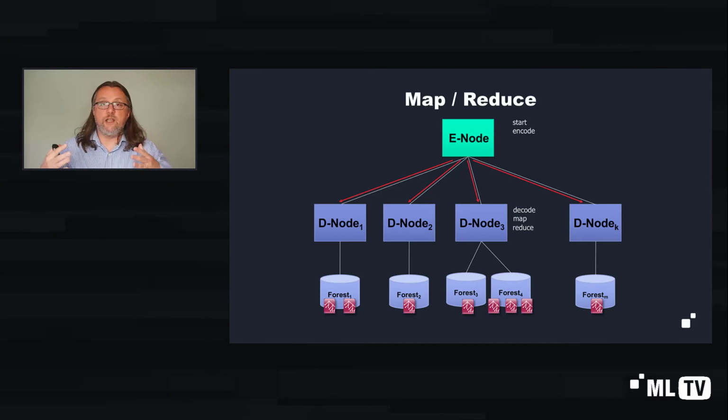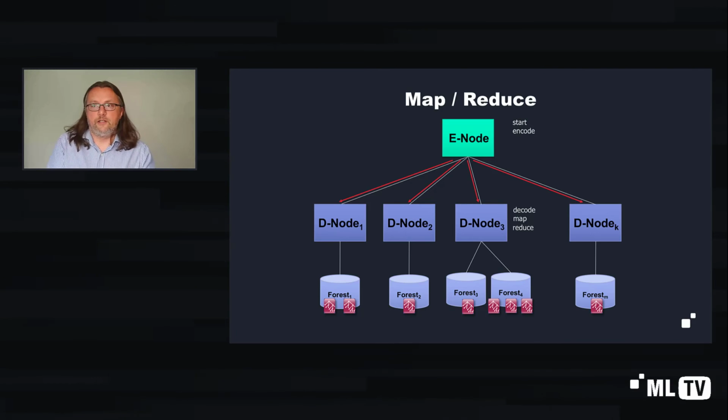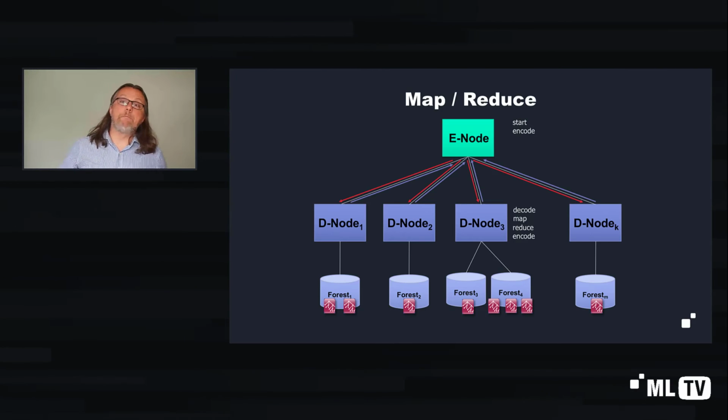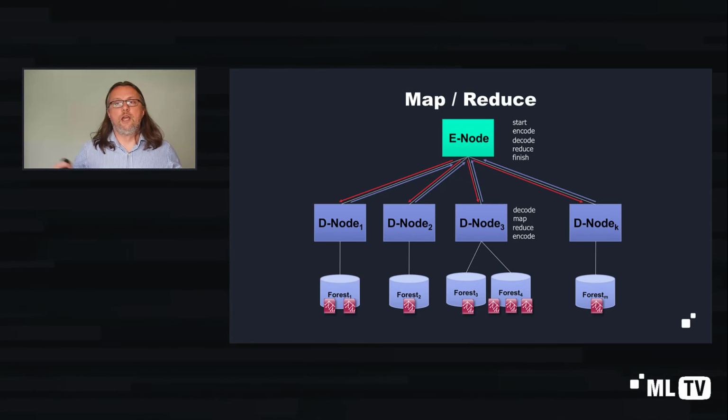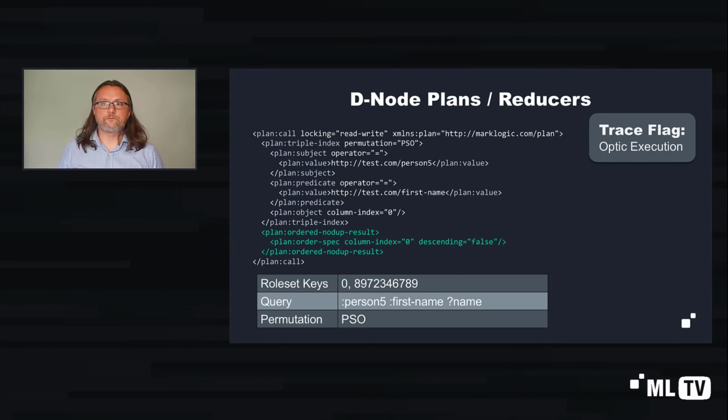So for a D node, all of the information from all of its stands gets reduced to a single answer, encoded and sent back to the E node. Now the E node still has multiple responses from multiple D nodes, so having decoded those, it's going to run the reduce step again, and finally be able to give the answer that was intended from that query.